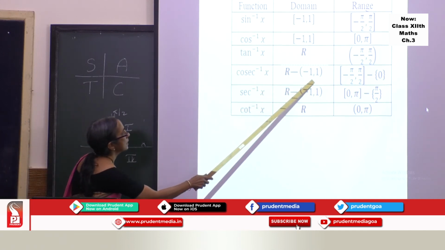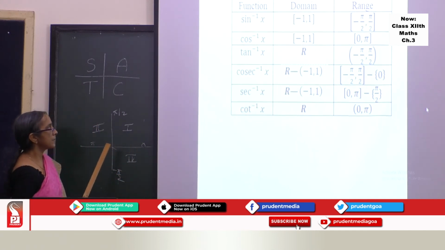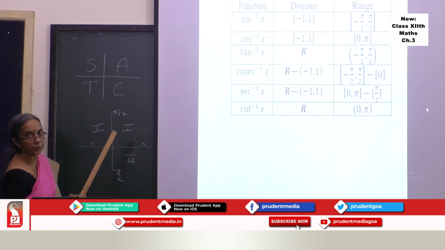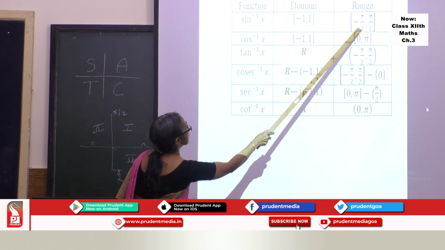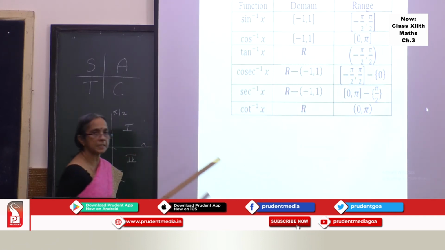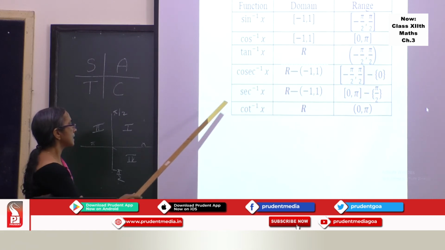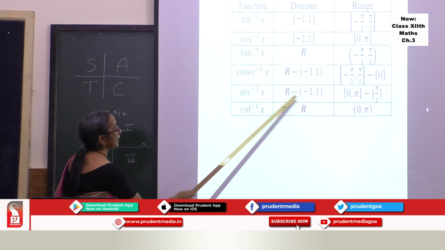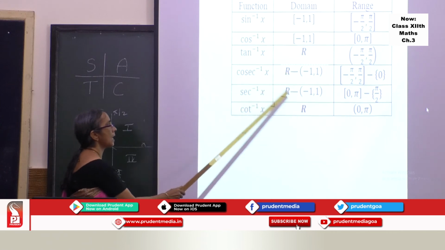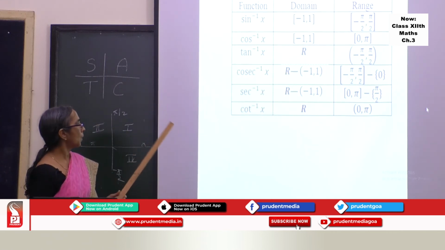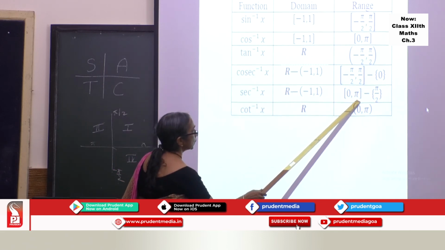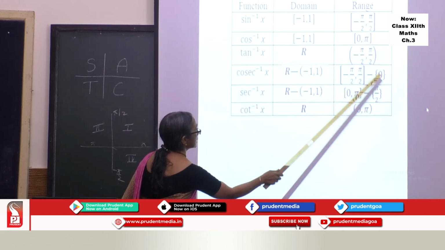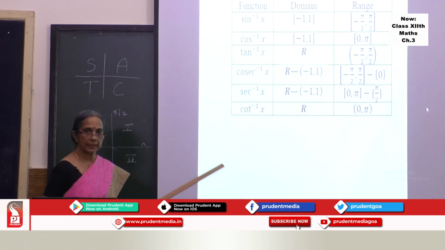Cosec inverse domain is the set of real numbers with the open interval minus 1 to 1 removed, and its range is like sin inverse, excluding 0. And sec inverse domain is like cosec inverse, real numbers minus the open interval minus 1 to 1, and its range is 0 to pi like cos inverse, excluding pi by 2.